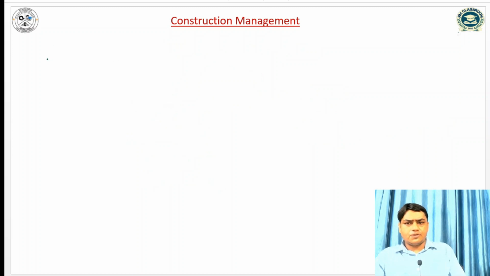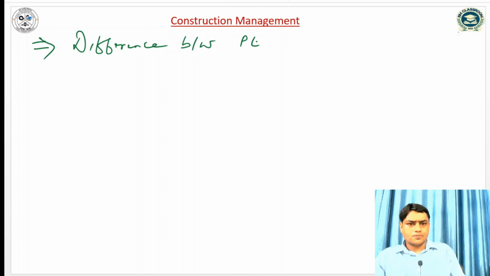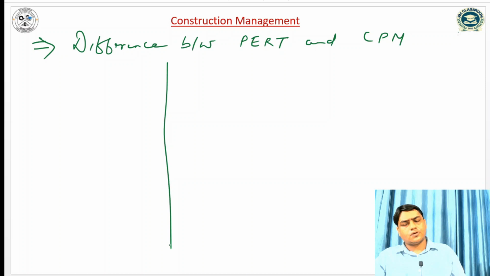So the difference between PERT and CPM. If I draw a line, this will be PERT and this is CPM.